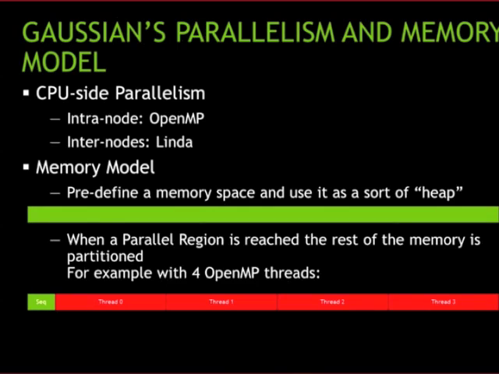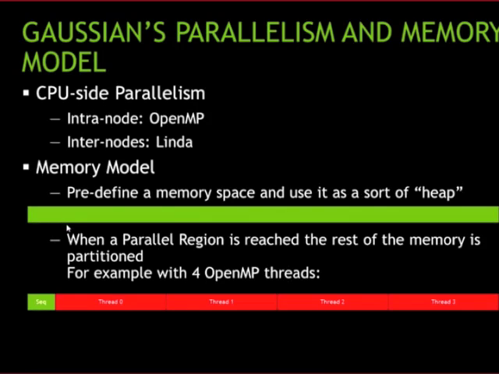In Gaussian, a different approach has been applied. We actually predetermine and pre-allocate a large piece of memory, kind of a heap, that is used back and forth as execution progresses.